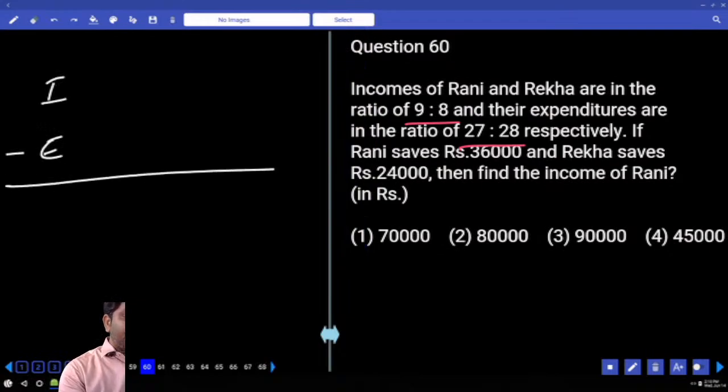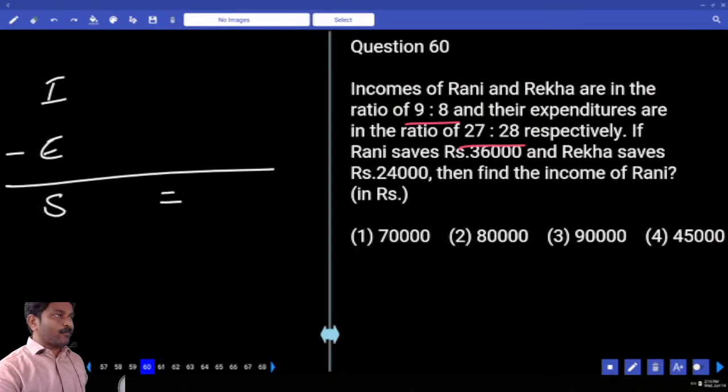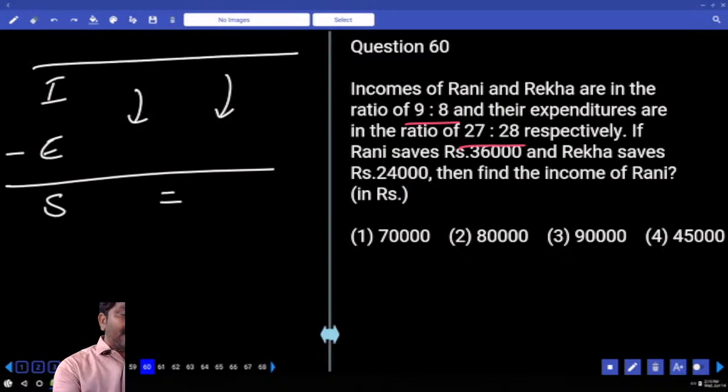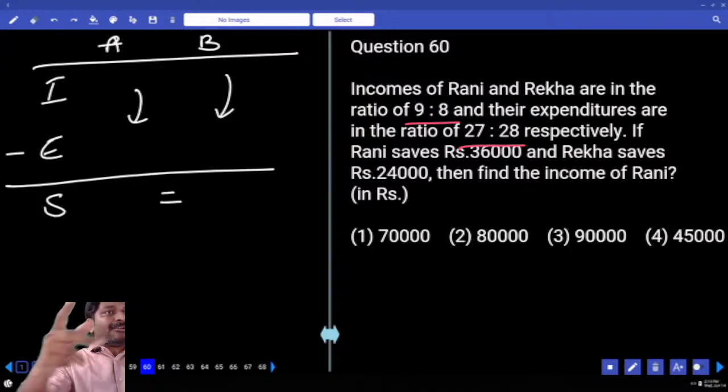Income minus expenditure will give you savings. If their savings are equal, then we can make the difference of income and expenditure equal for both the persons A and B.